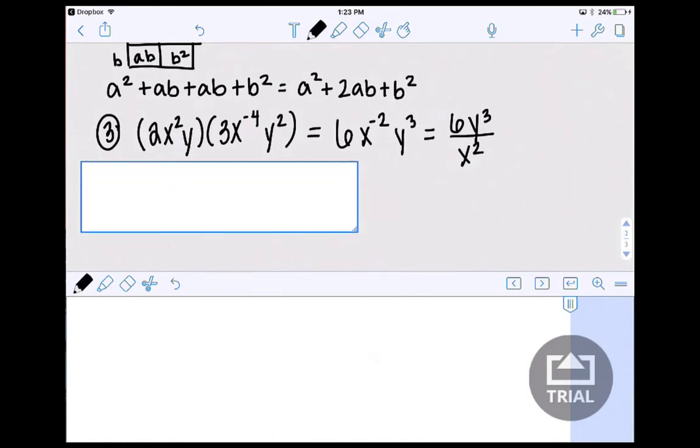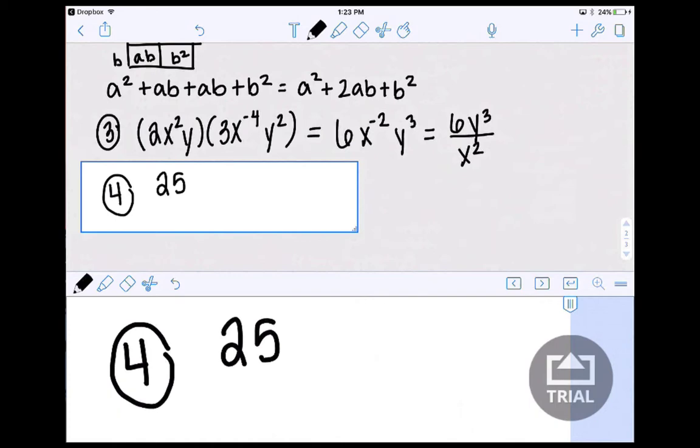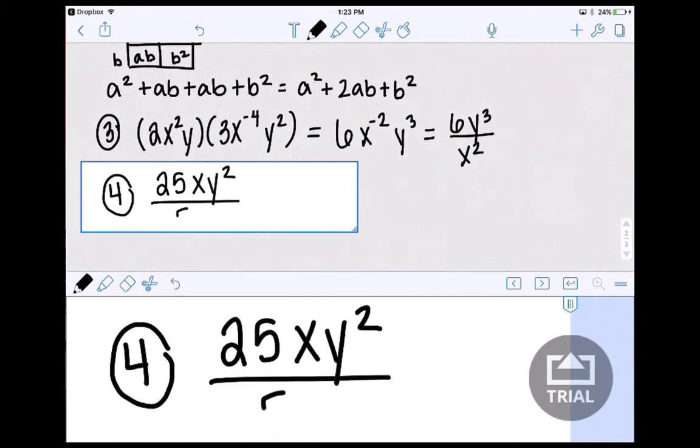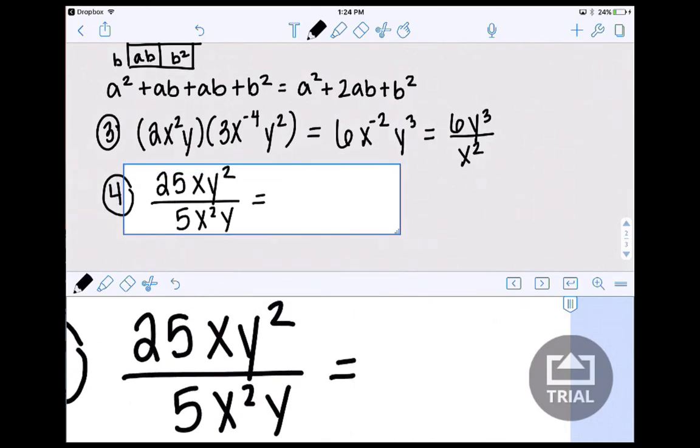My last example is going to be a simplifying example. And I'm going to do 25xy squared over 5x squared y. Now, how I do these problems is, again, I break it up.